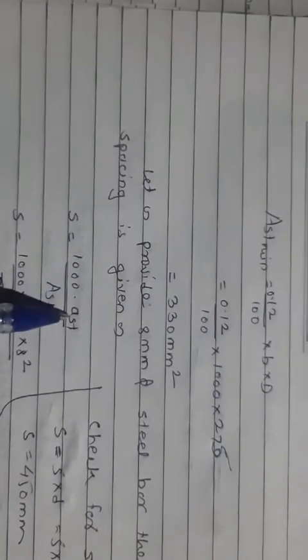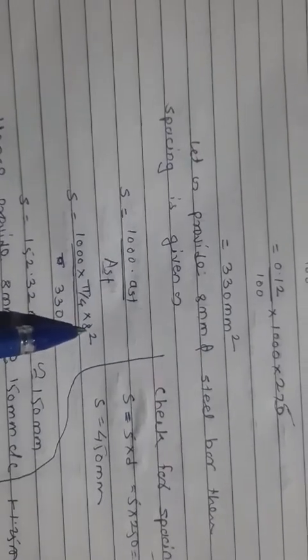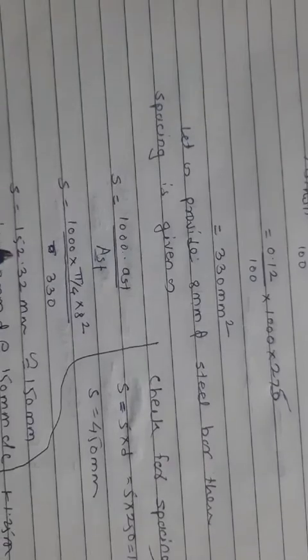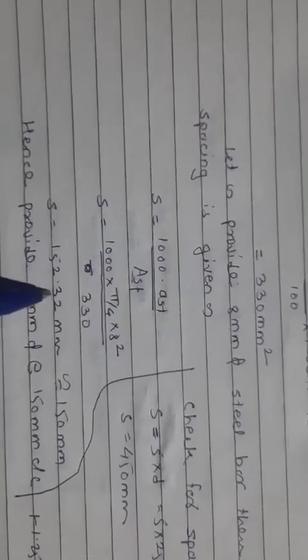Now let us provide 8 mm steel bars. Then the spacing is S equal to 1000 into area of one bar divided by the total area of steel we are providing. Putting in the values, 1000 into pi by 4 into 8 square divided by 330, we get the spacing as 152.32, which is provided as 150 mm.